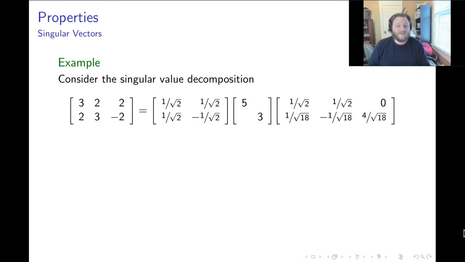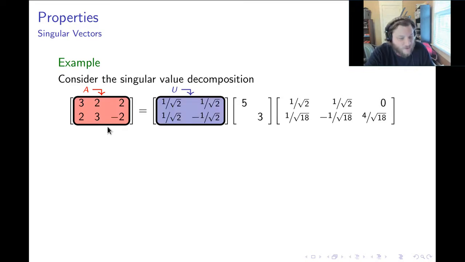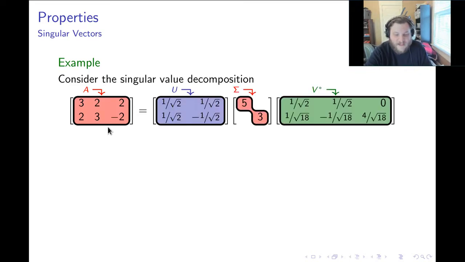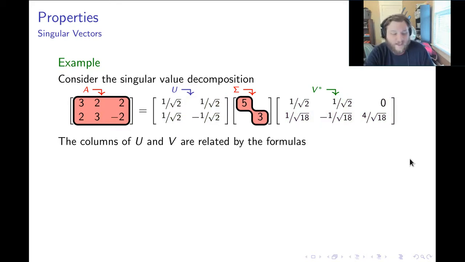So we can see this with an example here. Here we have a singular value decomposition, A equals U times sigma times V conjugate transpose. Again, here there are two singular values, 5 and 3, which means that the rank of A is 2. Well, we just said that the columns of U and V are related to each other.